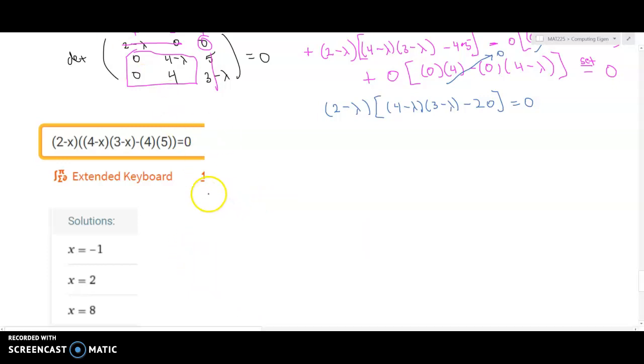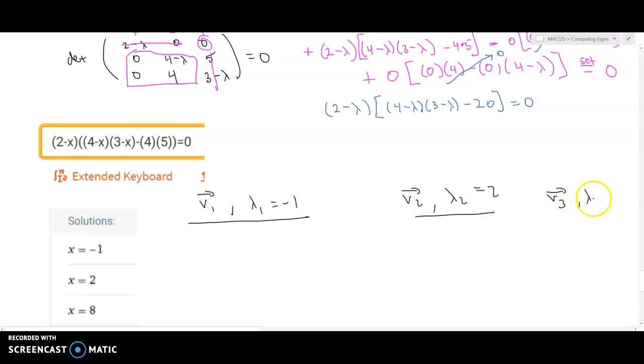So now I'm going to calculate v1 for lambda 1 equals negative 1. This is going to be the identical process, and I'll have to do it for v2 for lambda 2 equals 2, and v3 for lambda 3 equals 8. So that means that I plug negative 1 into my A minus lambda I matrix.